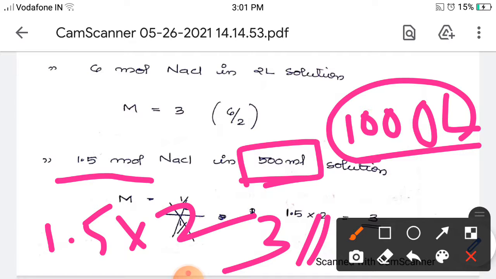In 500 ml there is 1.5, so in 1000 ml it is double, 1.5 times 2, which equals 3. We are calculating only the number of moles of solute per liter of solution. That is the molarity actually.